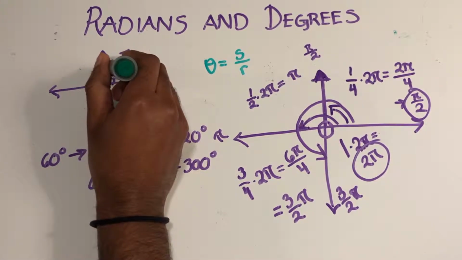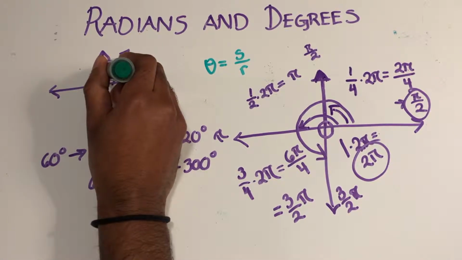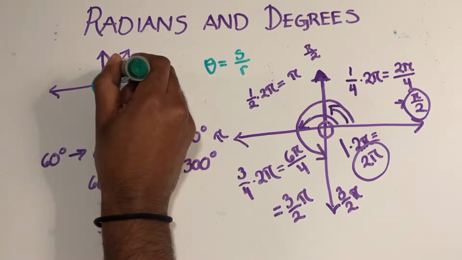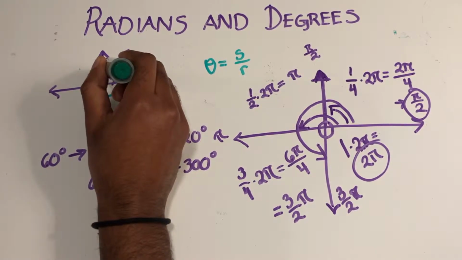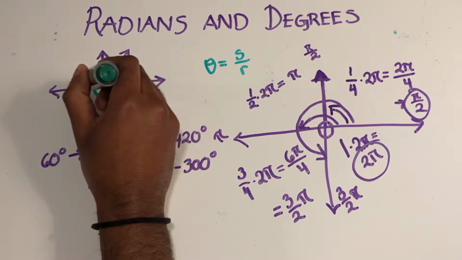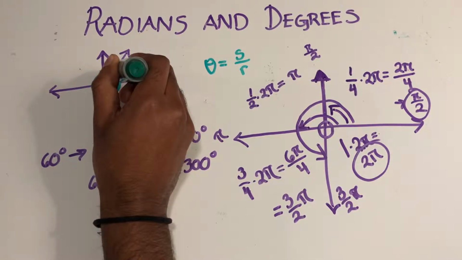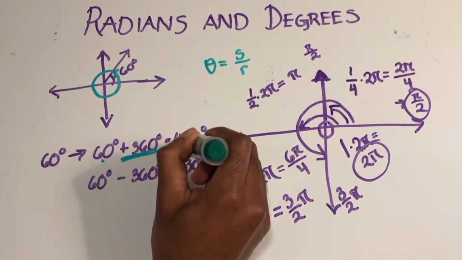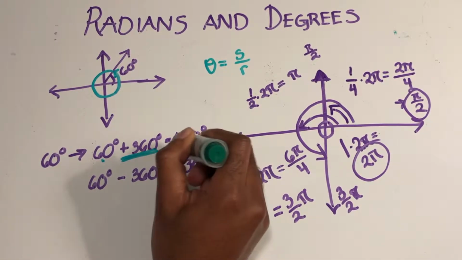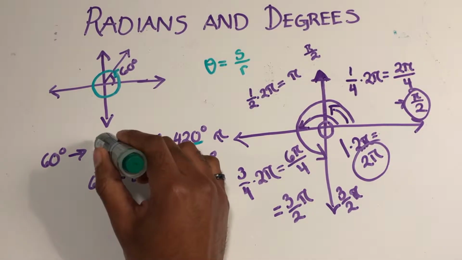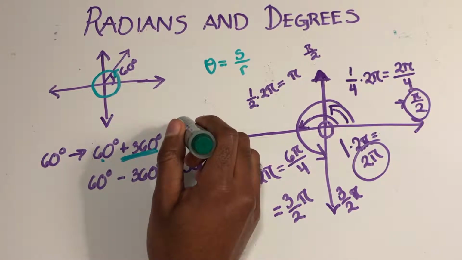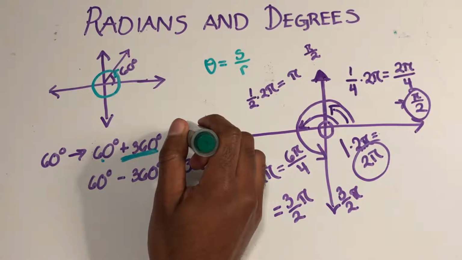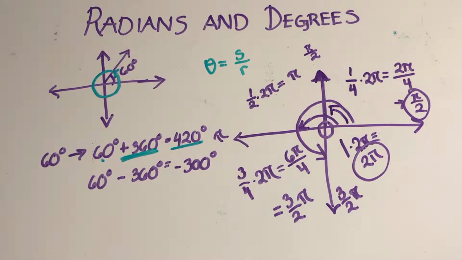So you're basically starting here and ending up right where you started. However, it is the same exact position as 60 degrees, meaning you can say that 420 degrees is a coterminal angle of 60 degrees.